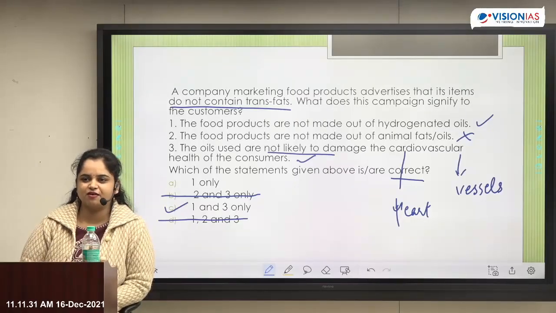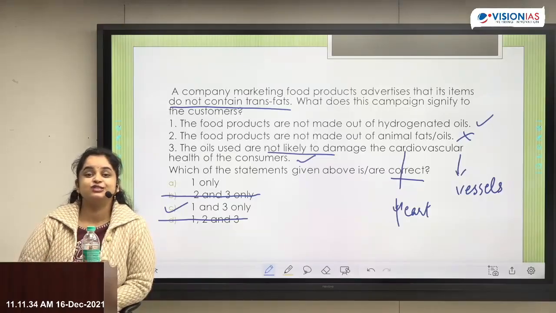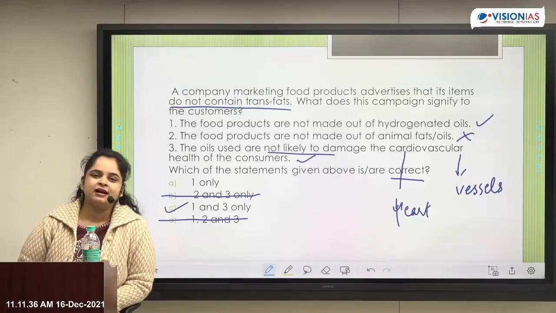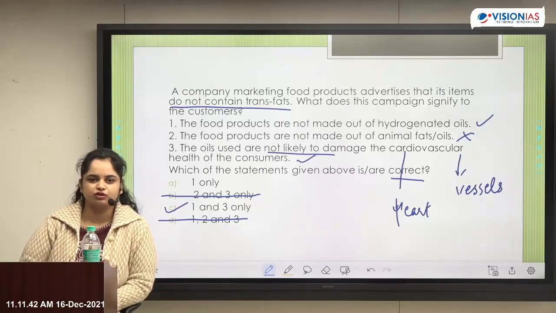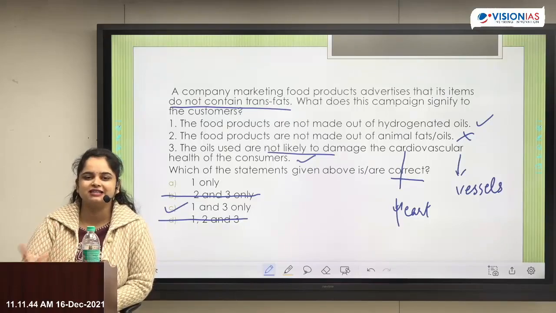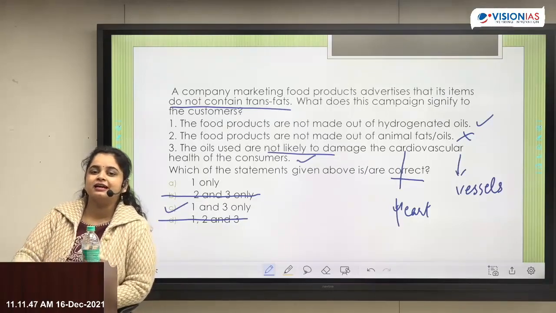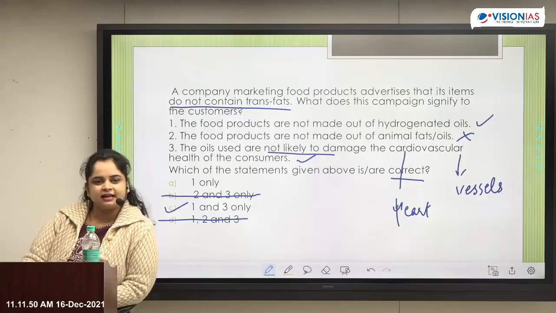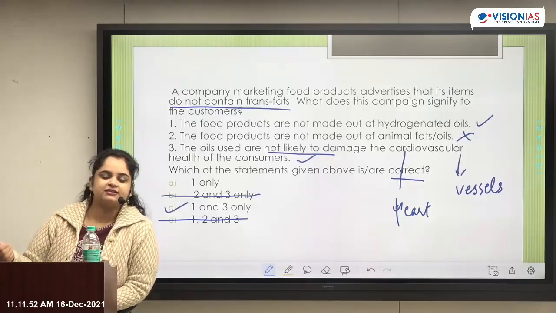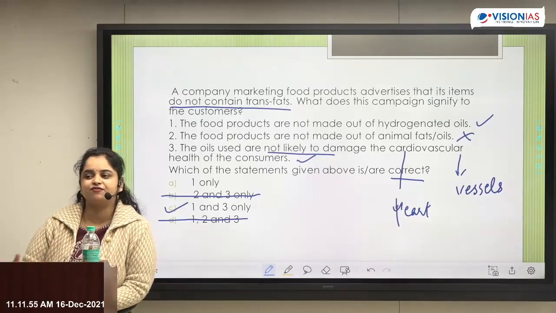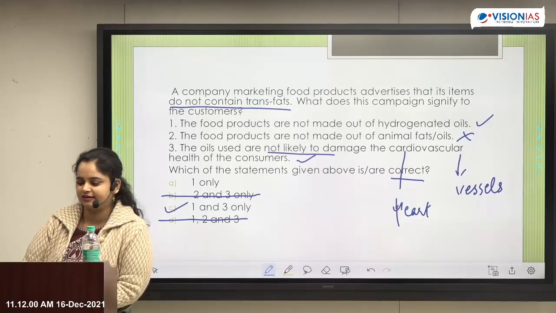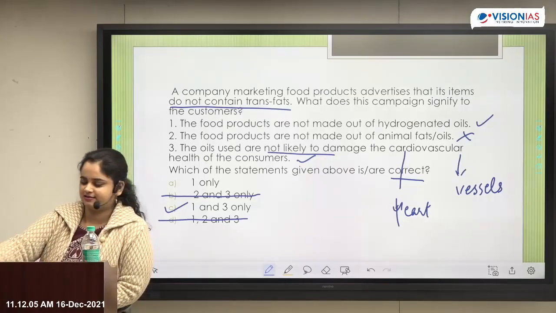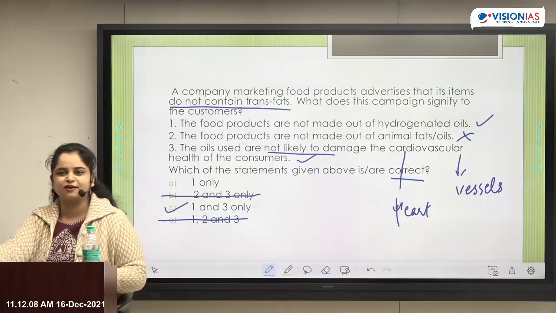So we don't have a way to dissolve them, as you have said, Naveen, because they have become an integral part of the wall also. The wall of the blood vessel in that place is damaged too. The only thing which can be done, through exercise and diet alteration, is to avoid further blockage or deposition. That's the only thing as of now. Tomorrow if you invent something which does that, then we'll have to see, but as of now, no.